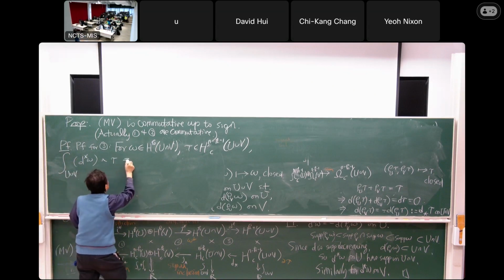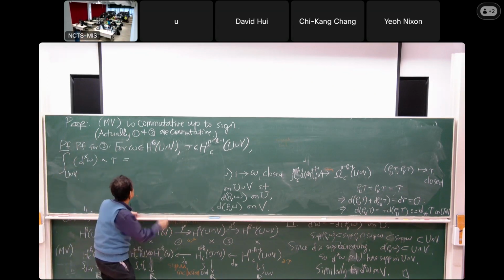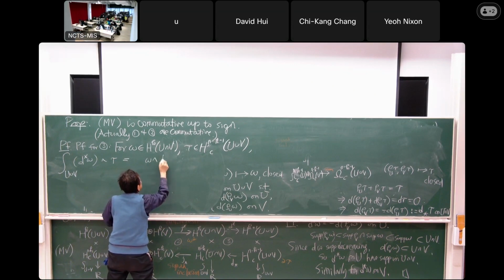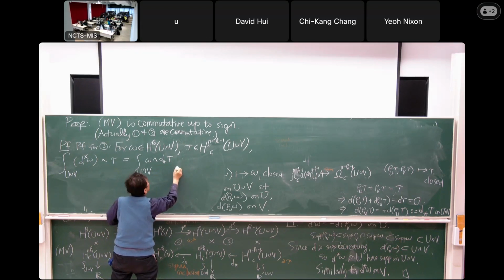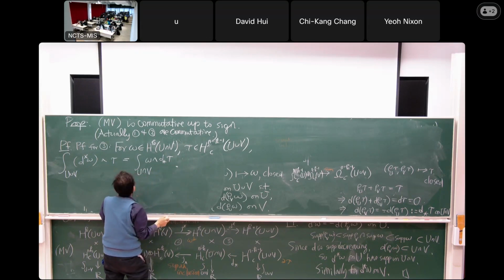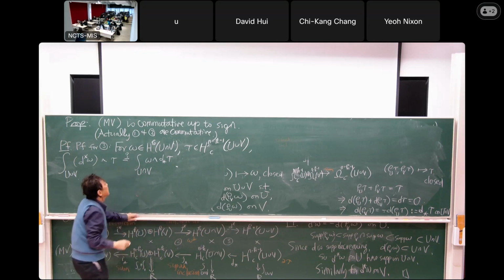That should be equal to, going the other way, omega wedge the lower star of tau, and then I integrate on the intersection. That's what we need to show.